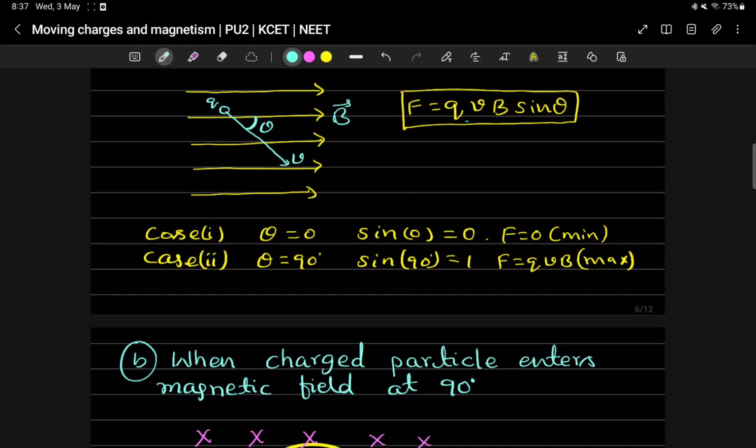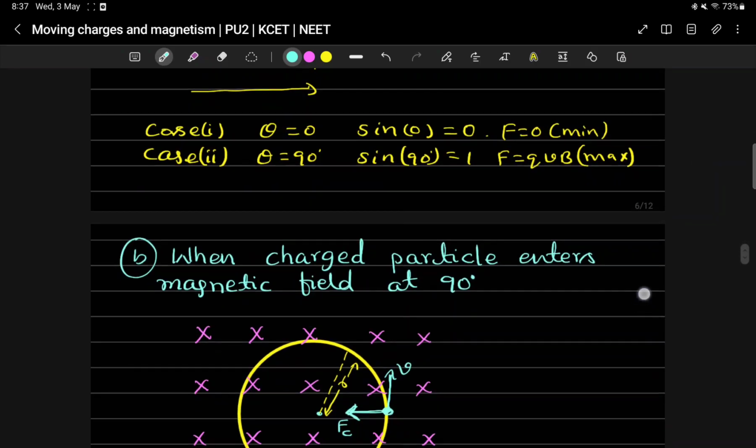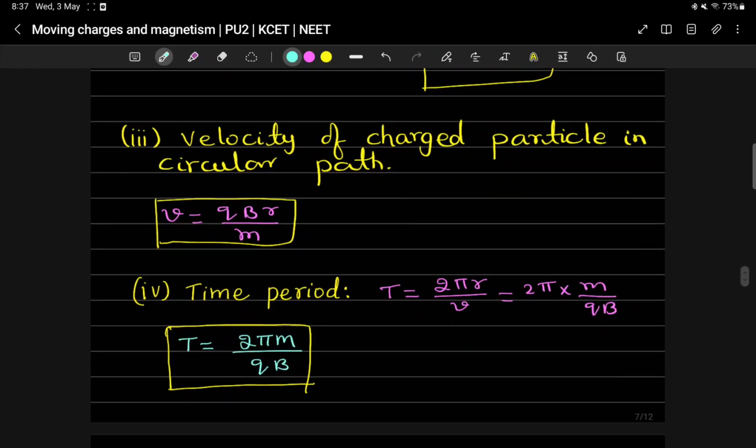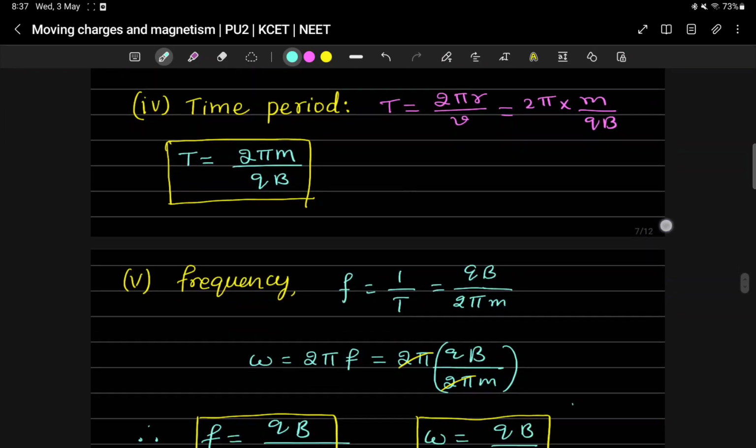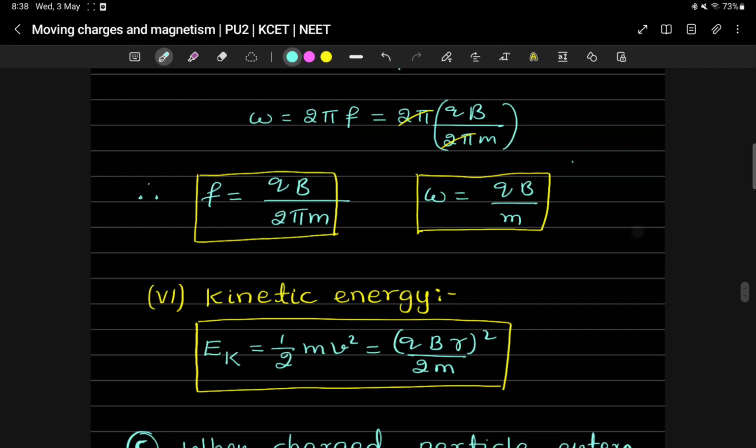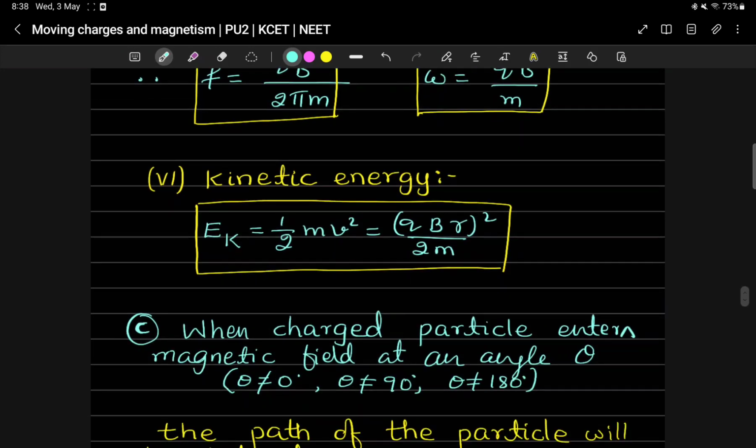There will be a constant force acting on the charged particle moving in the magnetic field, and its direction keeps on changing. If you understand this concept in depth, it is very interesting. Otherwise, let me just give the formulas for this, because this video is mainly made to list all the formulae. For understanding the concepts, we'll make a few other videos.